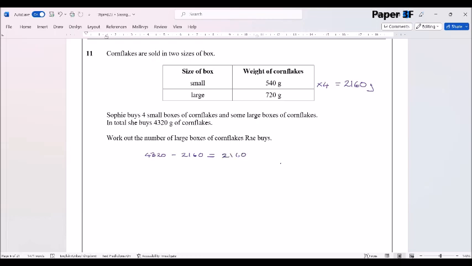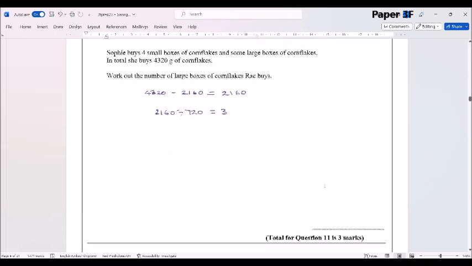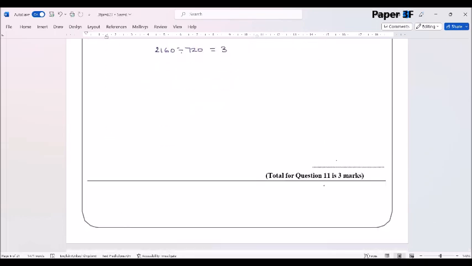And then we're going to divide that by 720. So 2,160 divided by 720 comes out as 3. So she's bought 3 large boxes of cornflakes. Answer there, 3.